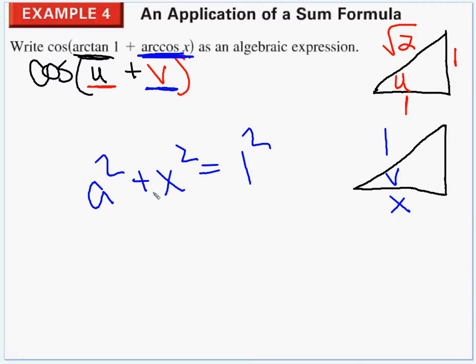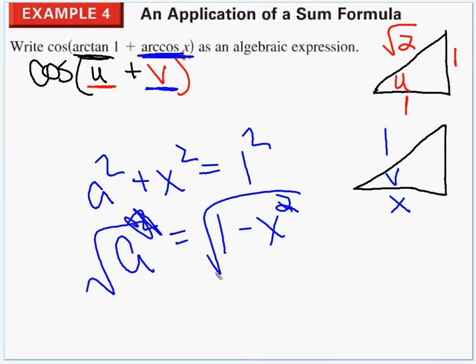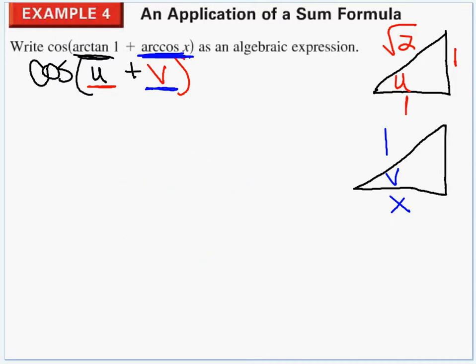To get a by itself, we'll subtract x squared. a squared equals 1 minus x squared. And then to get a, we will square root. So our missing side is radical 1 minus x squared. Do a little arrow there.